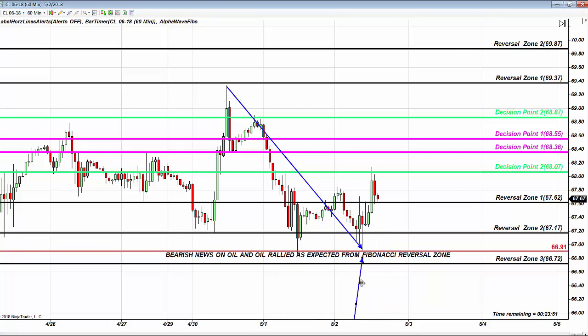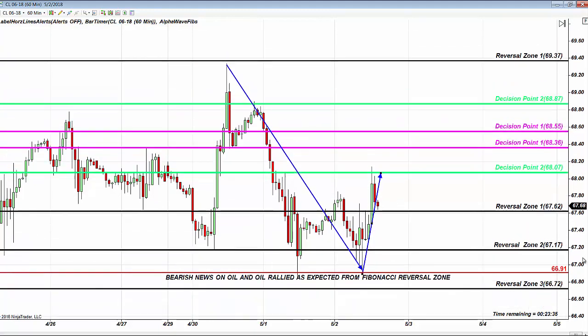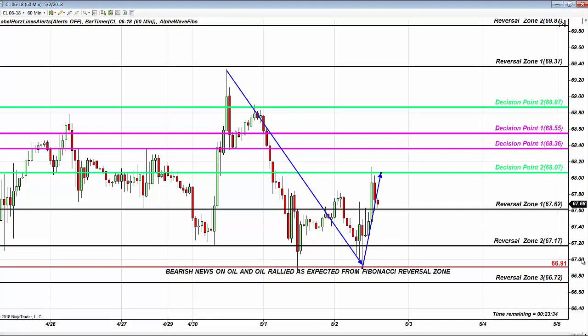Your bias is bullish at support, at trend inception, bias always bullish, and as expected, oil reached this Fibonacci resistance and struggled immensely. However, oil rallied 110 ticks despite extremely bearish news.